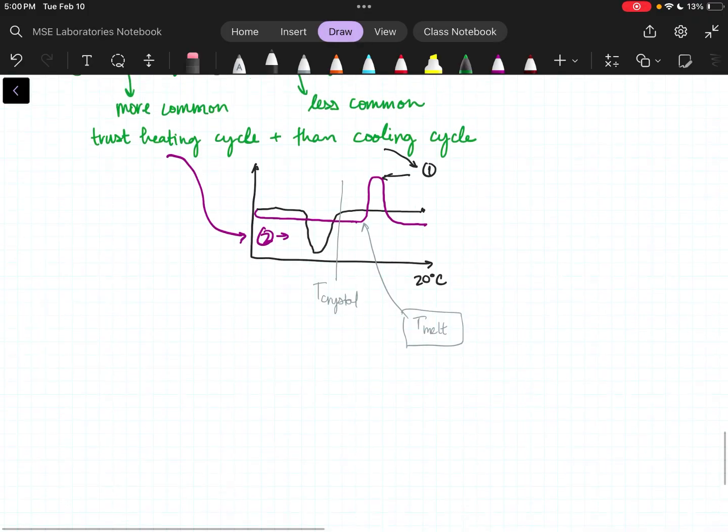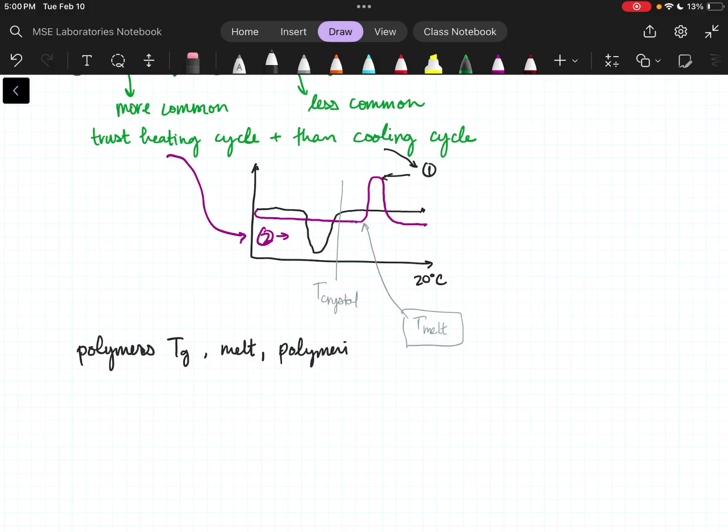Things that use DSC, in like 2 minutes. Polymers, for Tg, for melt, for polymerization, especially things that are heat polymerized. We can do resins for curing.